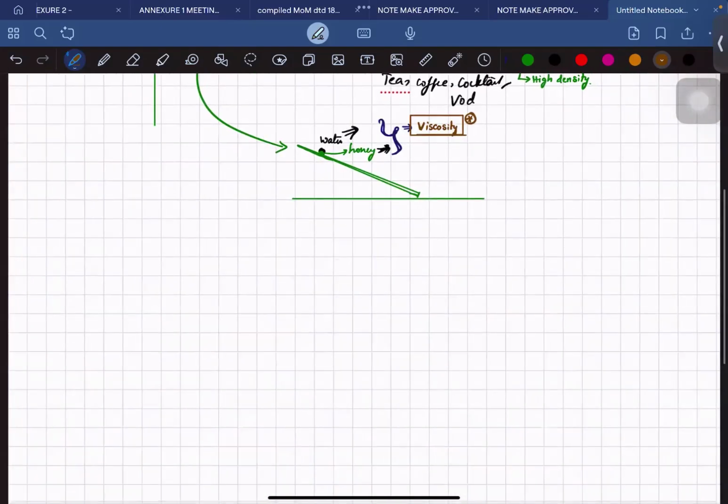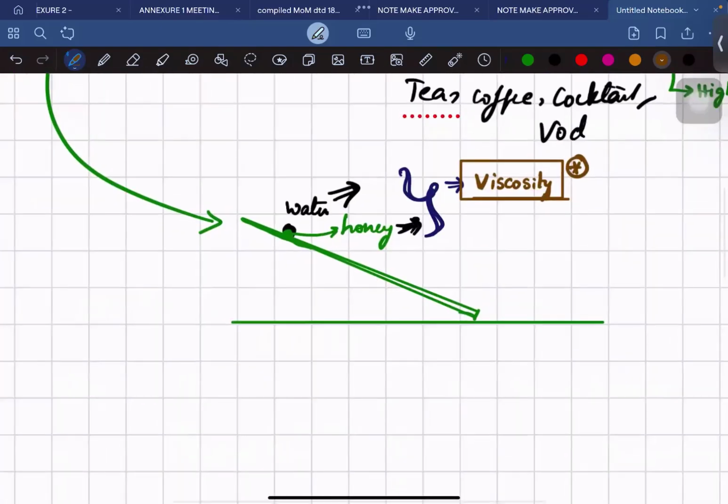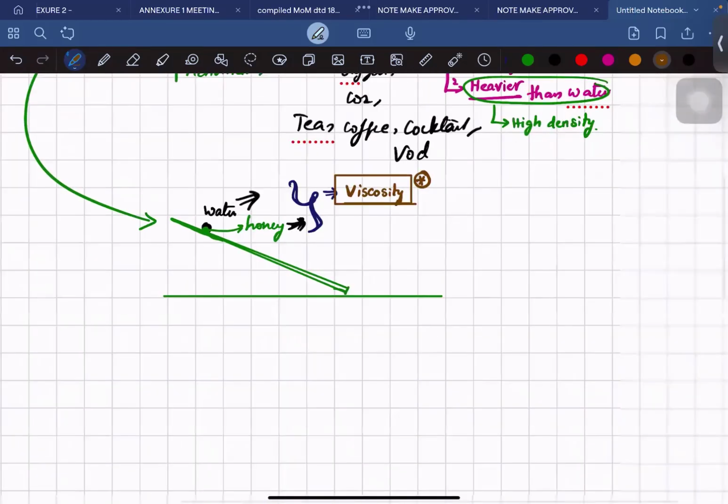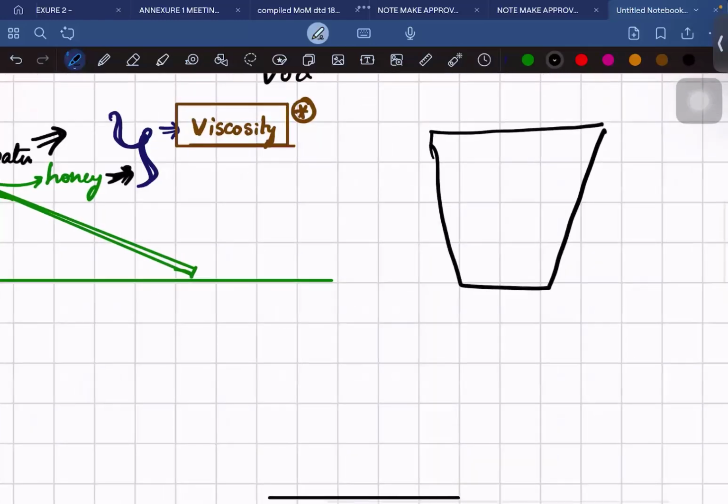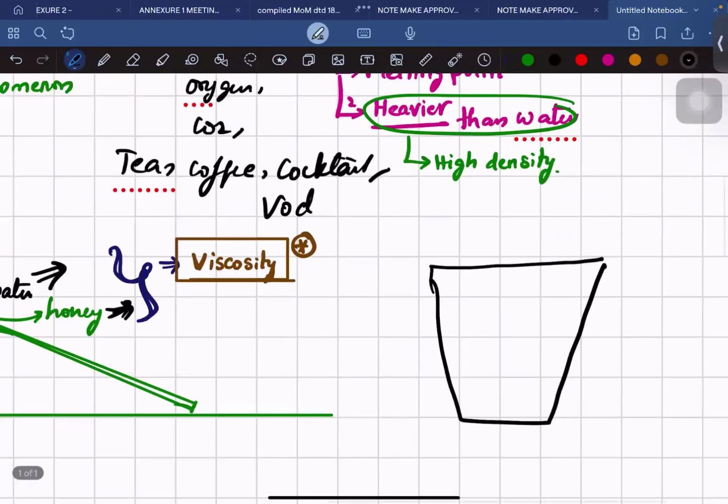And tell me, if I take a glass jar, I will ask you one practical question. In this jar, I pour two things.